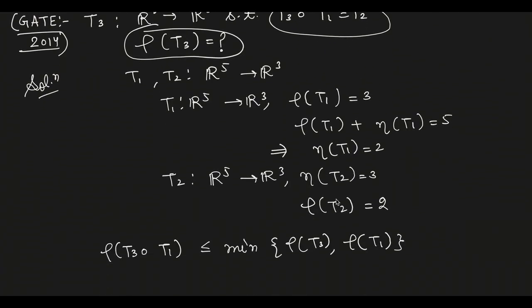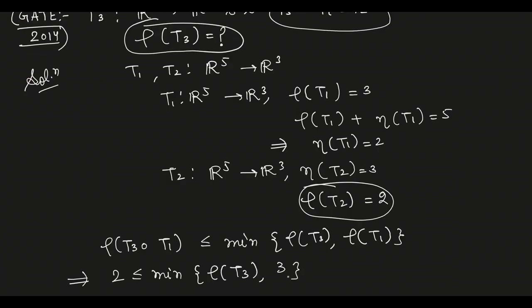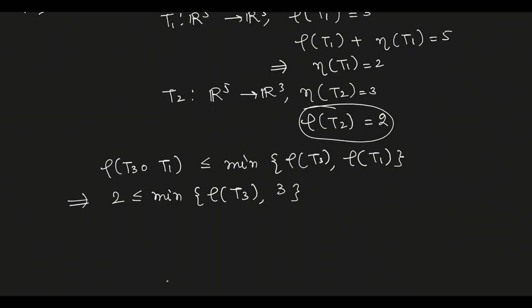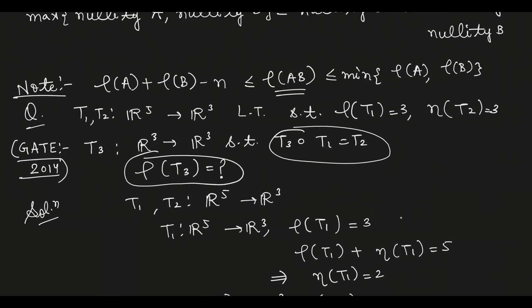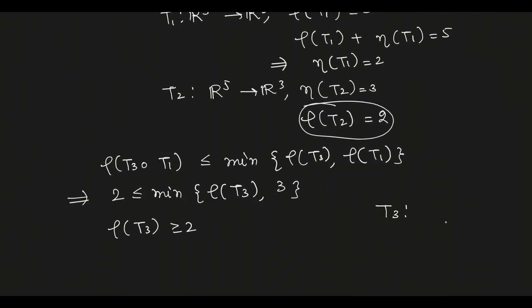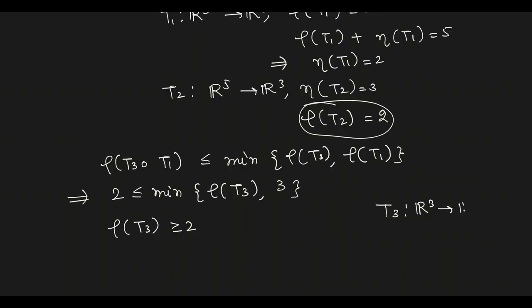And what was rank of T2? 2. So 2 is less than or equal to the minimum of rank of T3 and rank of T1, which is 3. T3 was R cube to R cube, so rank will be at most 3.